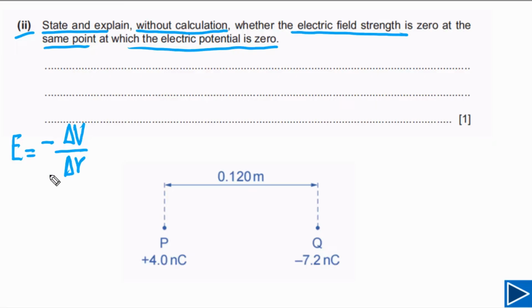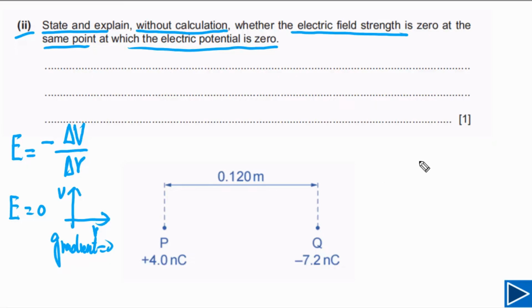So electric field is 0 if the gradient of the V against R graph is equal to 0. If the gradient, delta V over delta R, is 0, it means the electric field is equal to 0.